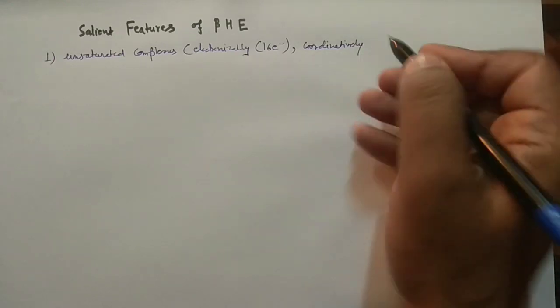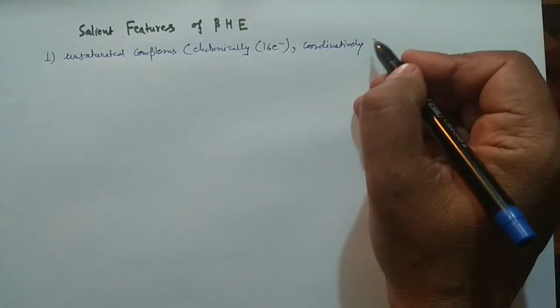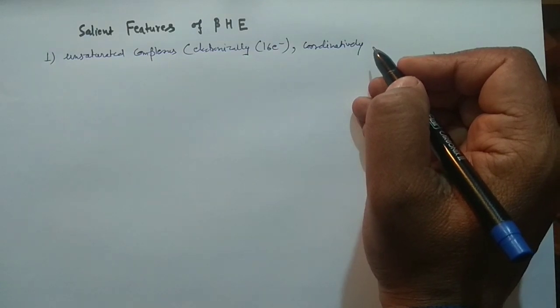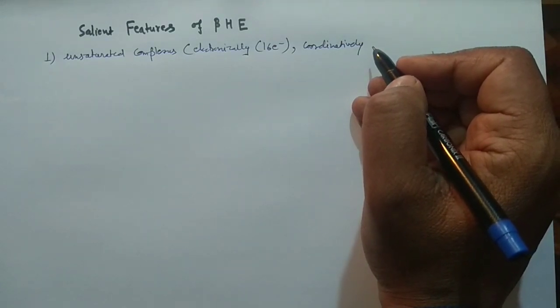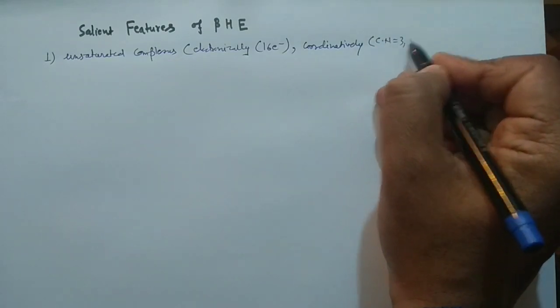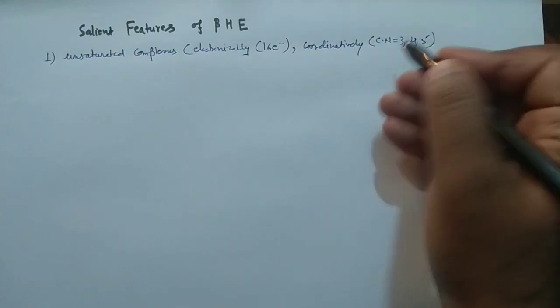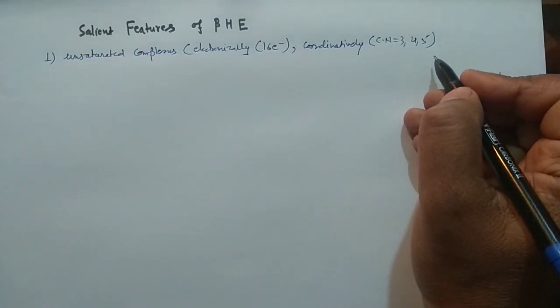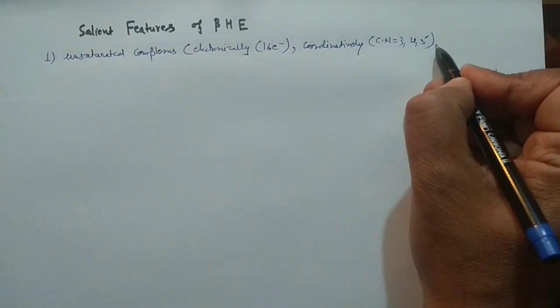Coordinatively unsaturated means the complexes having coordination number 3, 4 and 5. These will generally give this reaction, while octahedral complexes are reluctant to undergo this particular reaction.